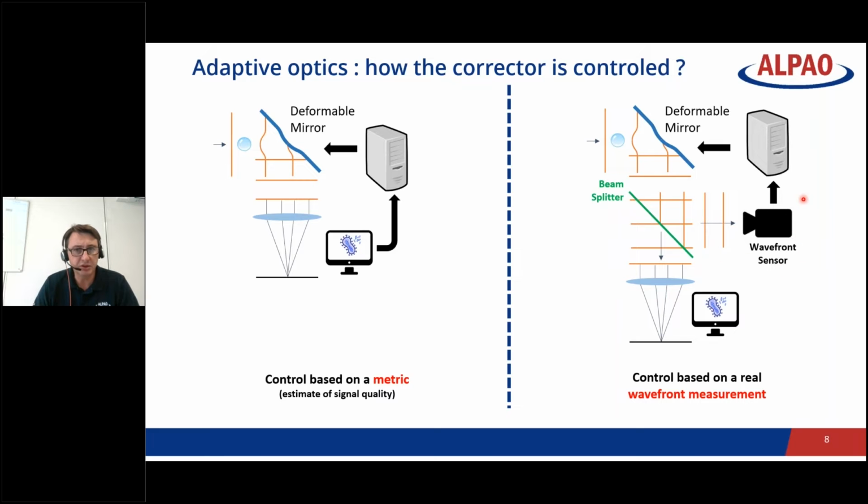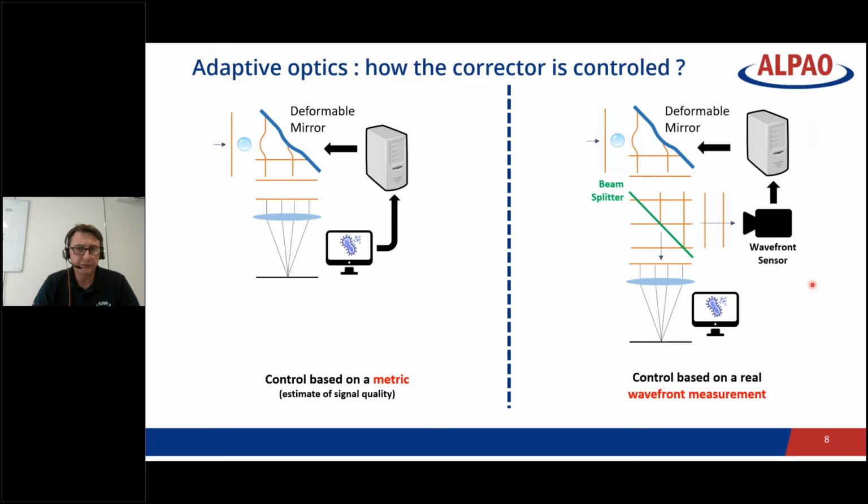So in one shot, you can compute the error on the wavefront and send the command to the deformable mirror. It's a more direct approach, so it's much faster. It can run at the speed of the wavefront sensor camera, basically. But of course, there is a cost: you have a slightly more complex optical setup, and you need one more camera, one more optical sensor.